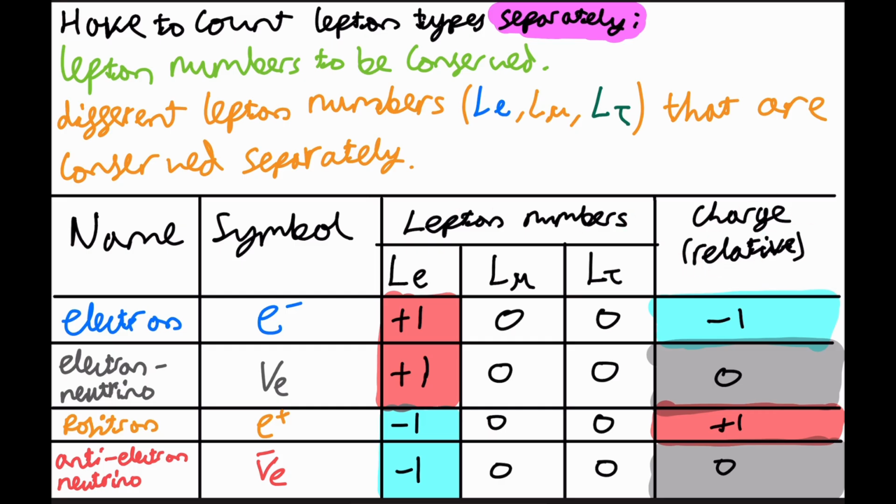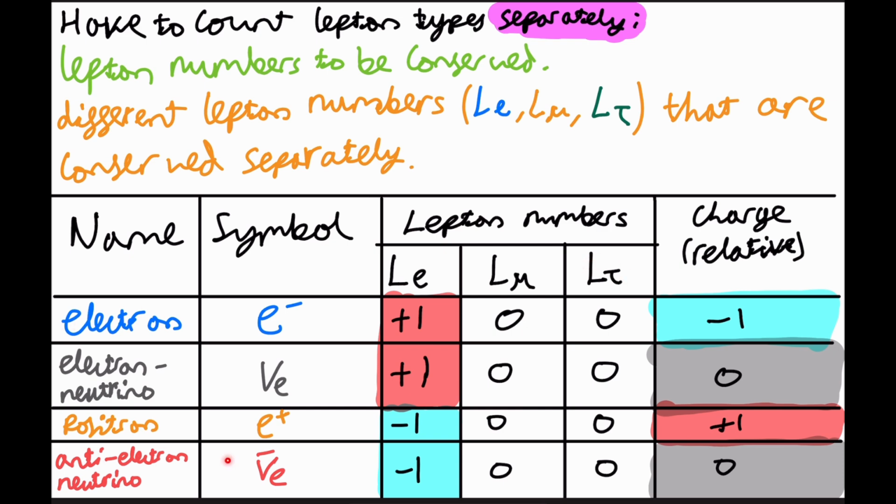The electron has an electron lepton number of +1, and the electron neutrino also has +1 for the electron lepton number, while the positron and the anti-electron neutrino both have negative electron lepton numbers, while for the other types of lepton numbers, they have 0 because it's not a muon or a tauon.